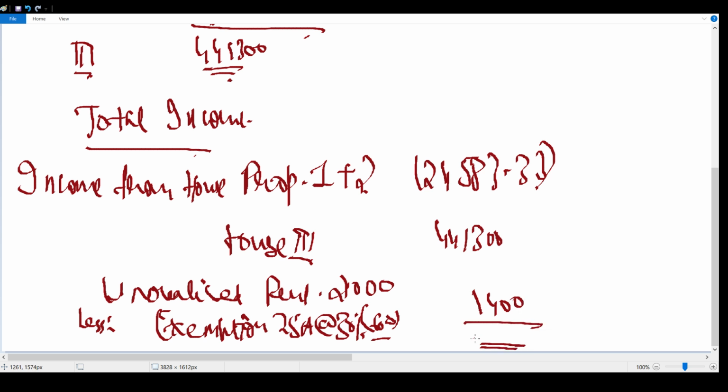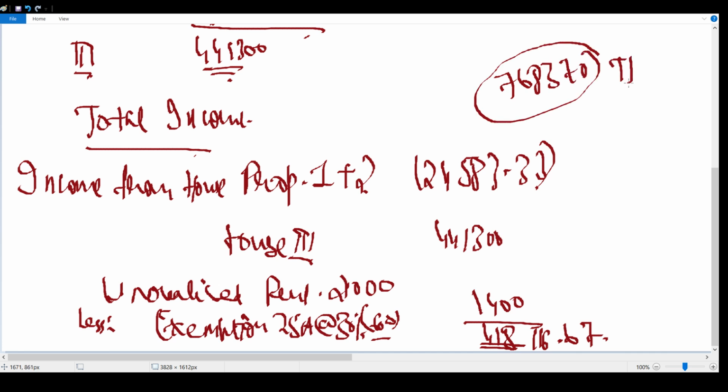Income under the head house property, 68,370 would be our total income. How? Income from house property, capital gains and other sources of 250 rupees.